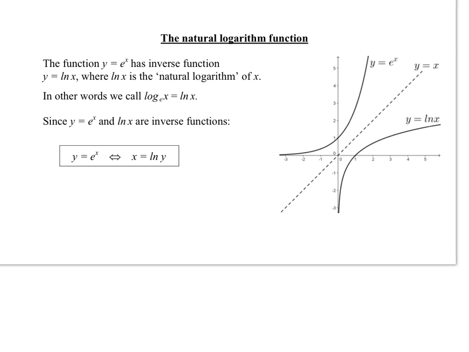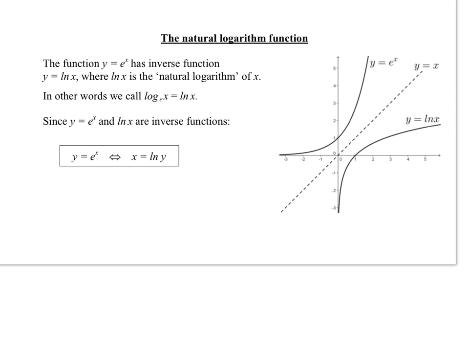And it's the inverse of y equals e to the power of x. You remember from the previous section that there's a special number e, which is roughly 2.718, a special number in many ways. If you take the inverse of this function, you get x equals ln of y. Ln is really just the same as log base e of x.